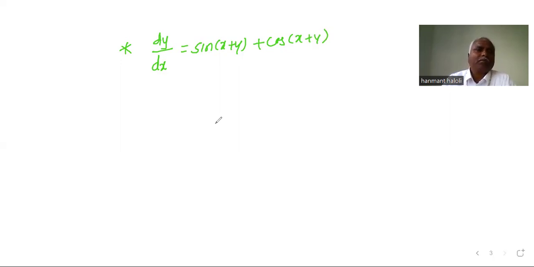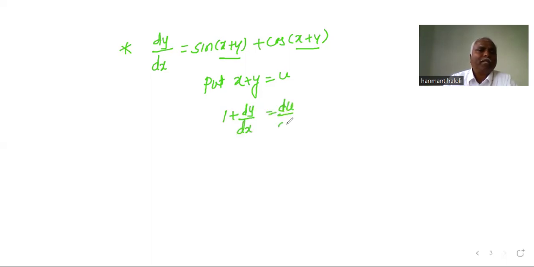Here x plus y is a compact form, we can't separate x and y. In such cases we put x plus y equal to another parameter, say u. Then differentiate: 1 plus dy by dx equals du by dx.